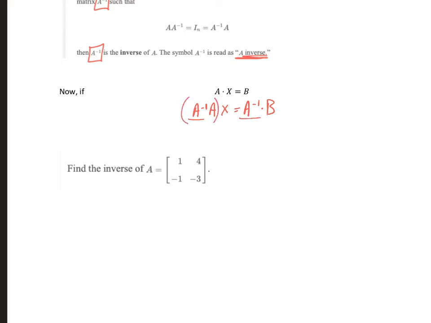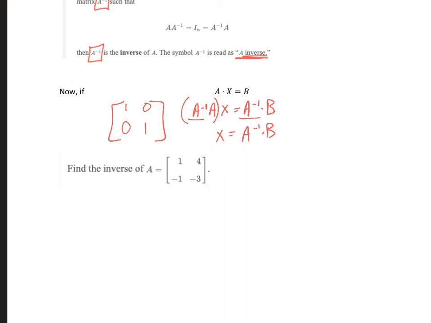Then these two things multiplied together equal the identity matrix. Just so you know, the identity matrix looks like this: 1's on the diagonal, 0's everywhere else. So that's kind of like our version of a 1 in real numbers. So I have X equals the inverse of A times B. So that's how I can solve matrix equations.